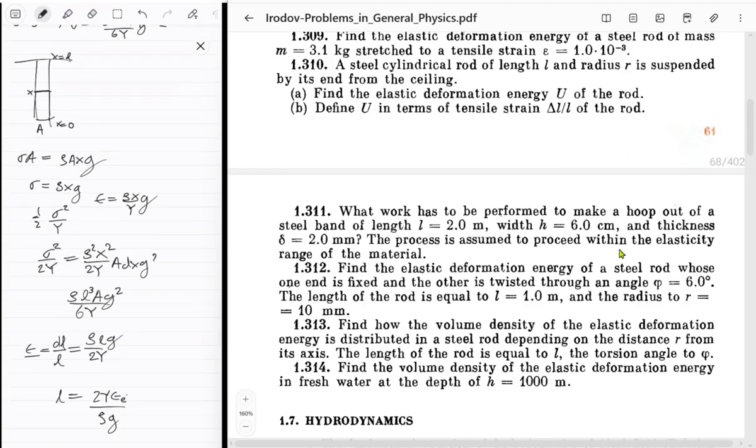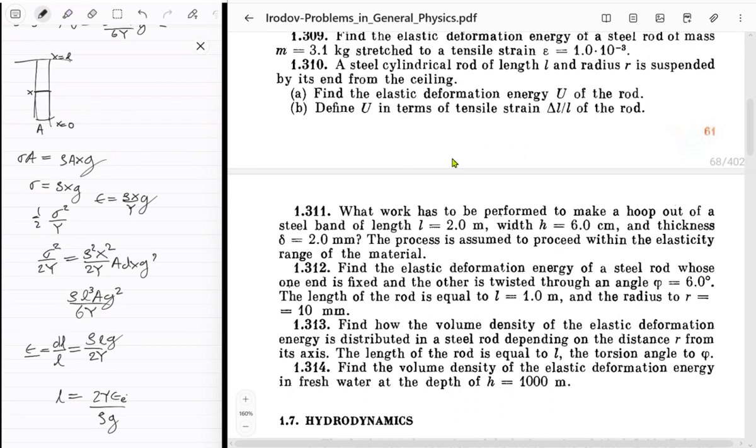I don't get it. I want to express it using that, but which of these do I want to eliminate? They give us length L and radius R. Oh, they don't want us to use the density and Young's modulus. I think that's what they are doing. Okay, that's understandable.